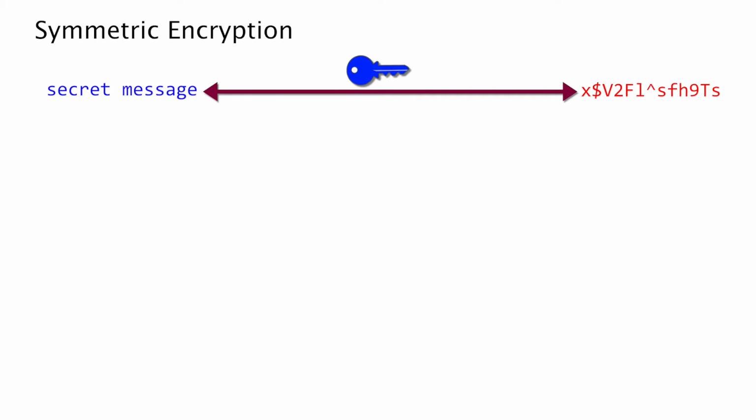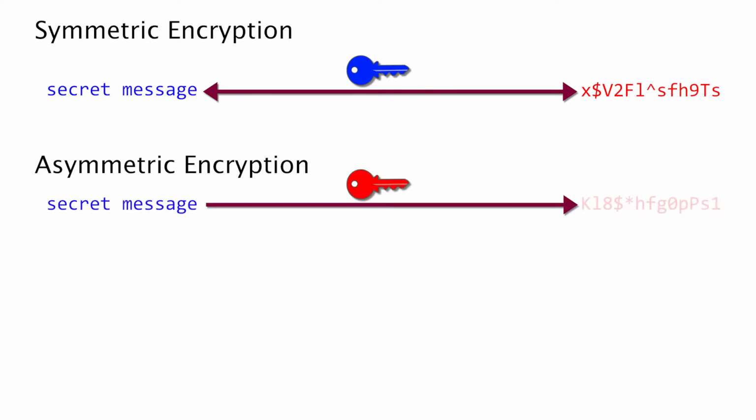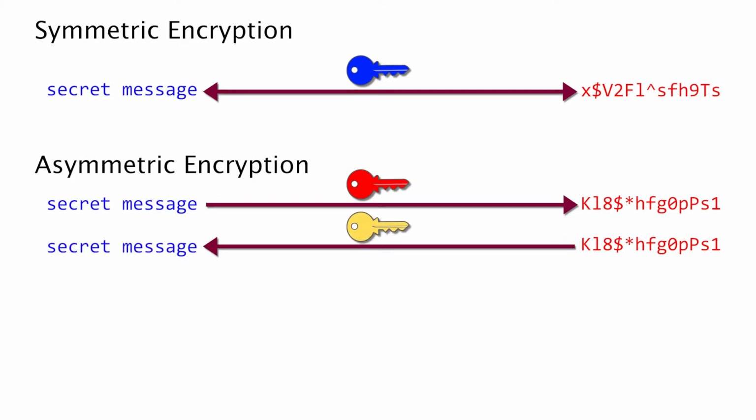The next type is asymmetric, where the key we use to encrypt is different from the key we use to decrypt, and so the person who's encrypted the data can't necessarily decrypt it if they don't have that other key. That is used whenever we want to communicate data across a network.